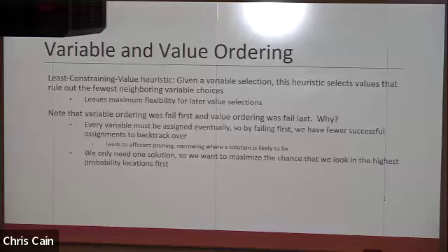On the other hand, we only need to find one solution. We don't need to find every solution. So we want to look in the highest probability locations where a solution is likely to exist. So value ordering is going to preserve that. There is the largest space left for there to be a solution, because we only need to find the first one. Once we find the first solution, it doesn't matter if there are 100 more.